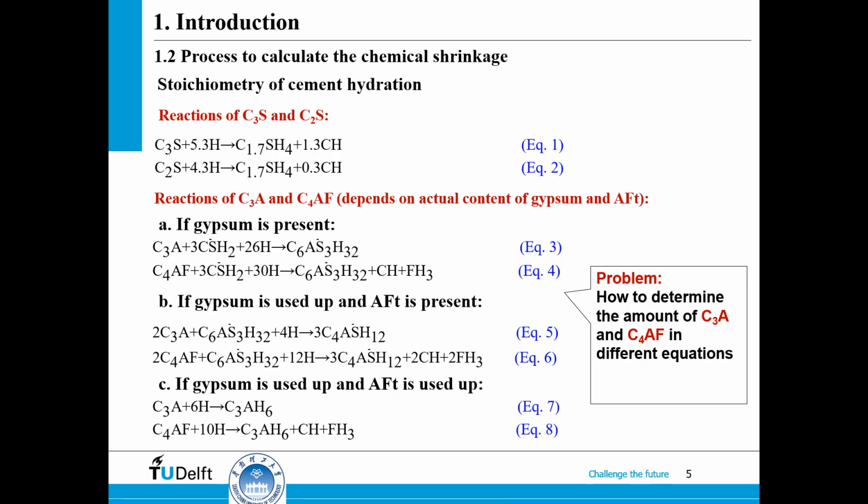For the C3S and C2S, we use these two equations to describe the reactions with water. And for the C3A and C4AF, actually we have 6 equations. And the problem is how to determine the amount of C3A and C4AF in different equations, although these equations depend on the actual content of gypsum and AFt.